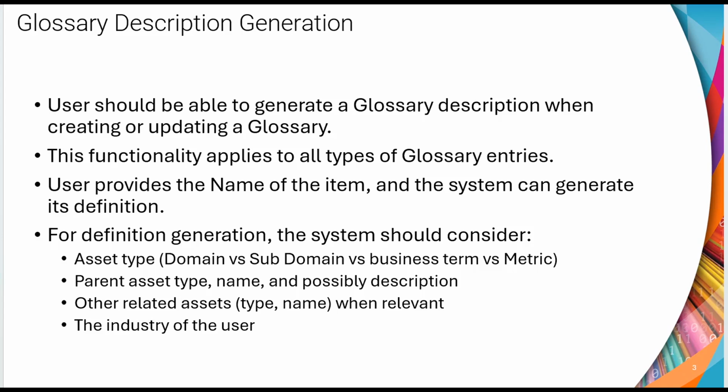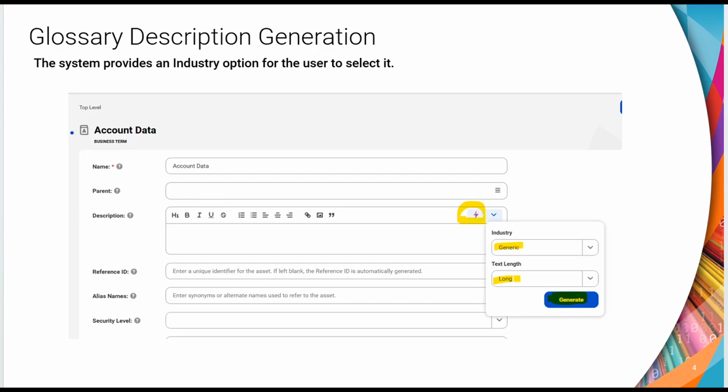For definition generation, the system considers the asset type, such as domain, subdomain, business term, and metric, the parent asset type of the asset for which you are trying to create the description, its name, and if there is a description, that will also be taken into account. If there are any other related assets, it will also include their type and name while creating a description, and the industry set for the generation.